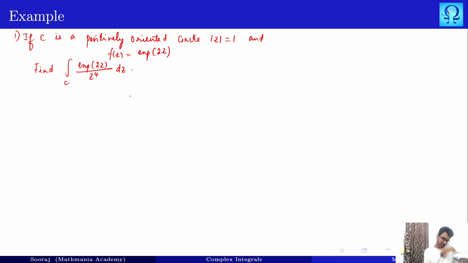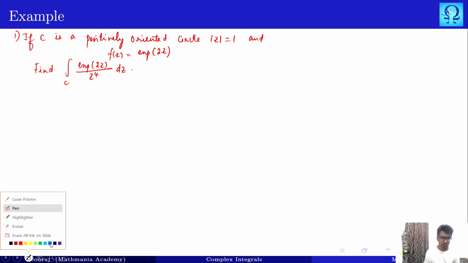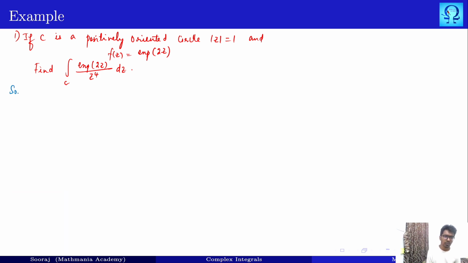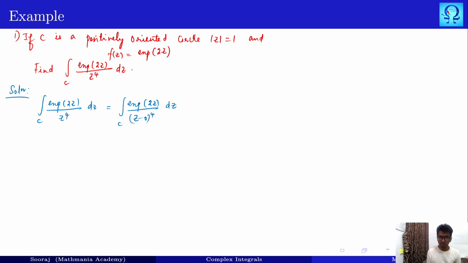So this is what we have to do. When we get into the solution, we see that the integral over c of exponential of 2z upon z to the power 4 dz may be written as the integral over c of exponential of 2z upon (z minus 0) to the power 4 dz.